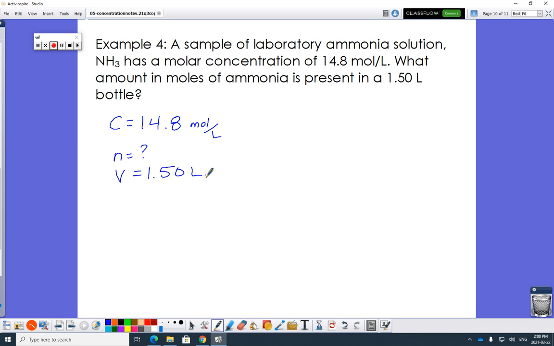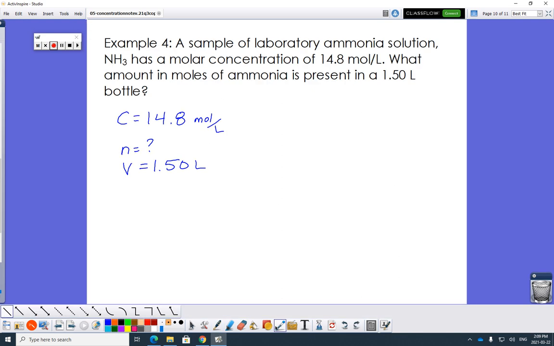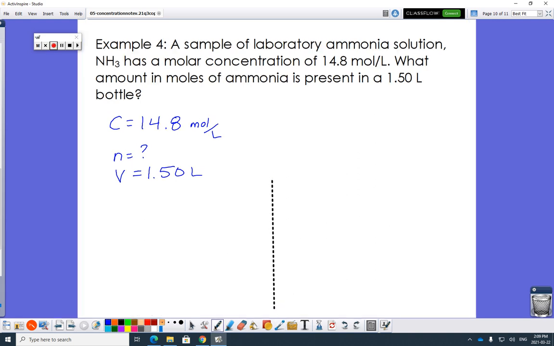So you can do the same thing if you're like an inverse operation person or a triangle person. You can rearrange the formula with numbers in it or with the letters first. So what I'll do is I'll split my paper and do both. You guys have a huge spot there. So you can, if you like the triangle way and you want to just write down that or whatever, it's up to you. So concentration is moles over volume.